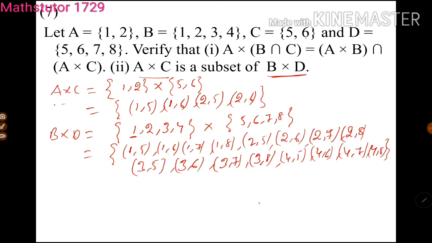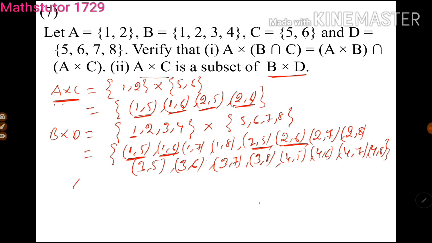Notice, what is the subset definition? If a set A is a subset of B, then every element in A is also an element in B. Now check it. Are the elements in A cross C also elements in B cross D or not? So (1,5) is also an element in B cross D, (1,6) is also an element in B cross D, (2,5) is also an element in B cross D, (2,6) is also an element in B cross D. So it satisfies the subset definition.